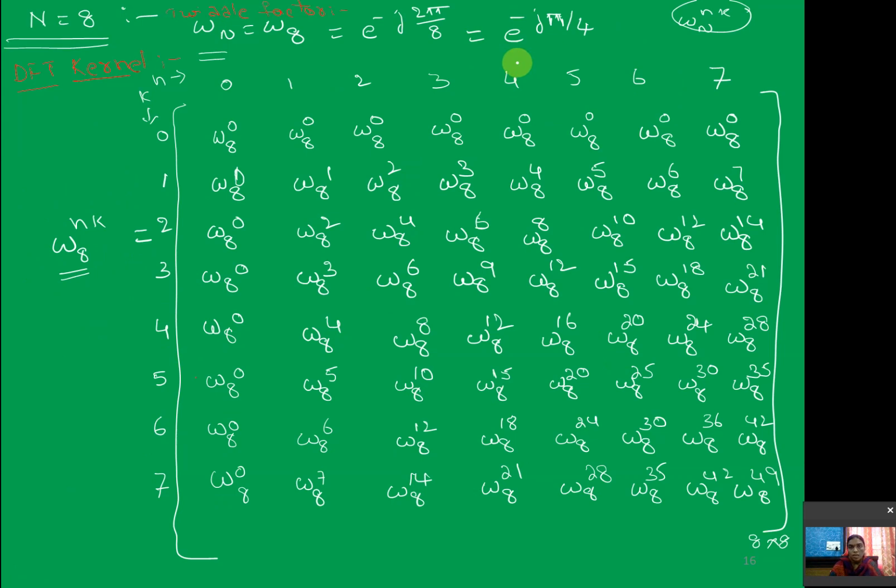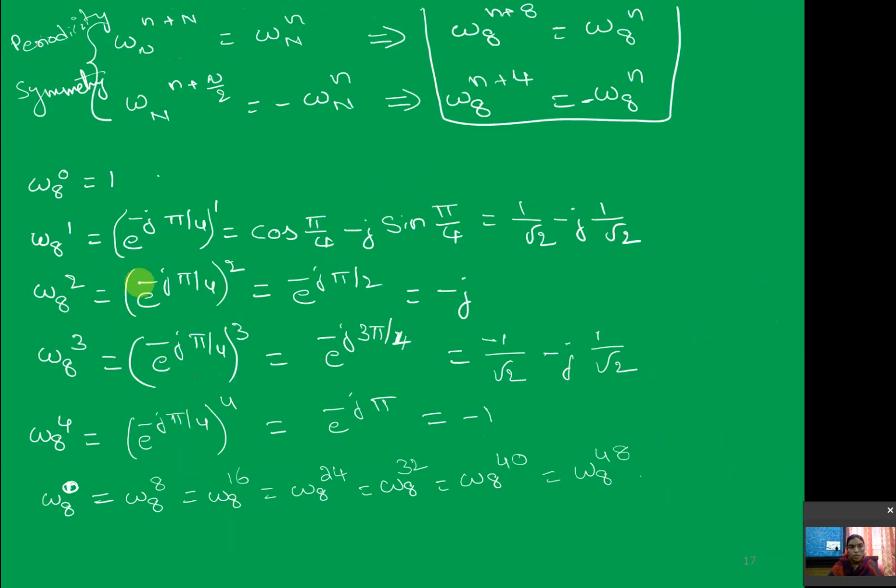So already we noted down, W8 power 1 means e power minus j pi by 4 whole power 1, that is cos pi by 4 minus j sin pi by 4, which is equal to 1 by root 2 minus j 1 by root 2. You may also write it like this: 0.707 minus j 0.707.